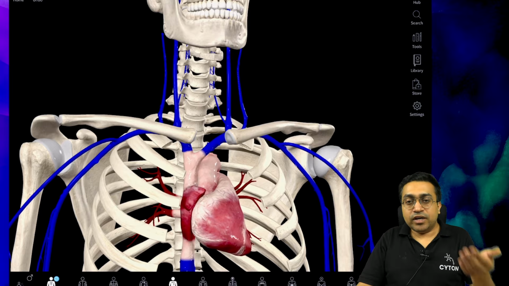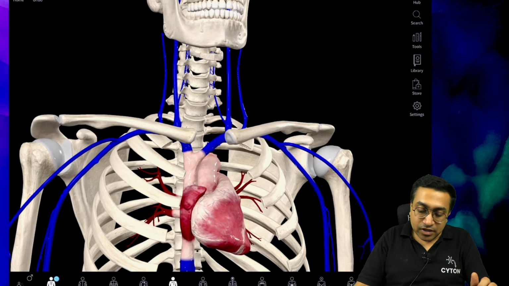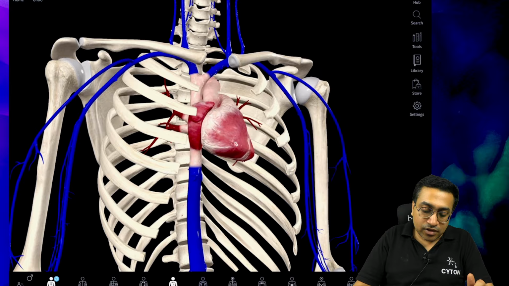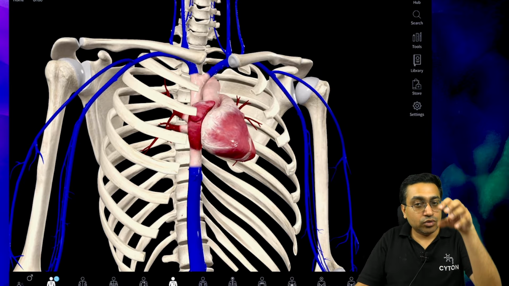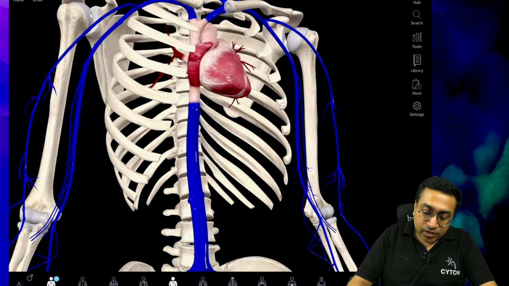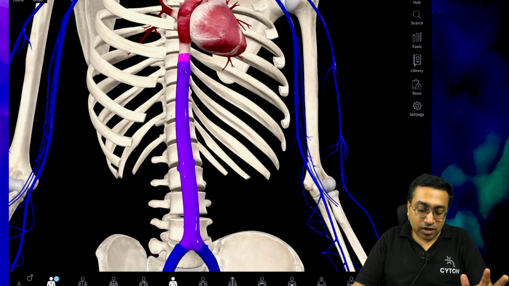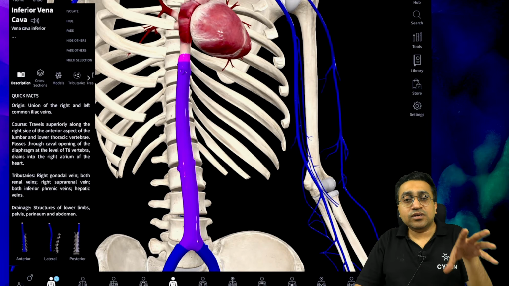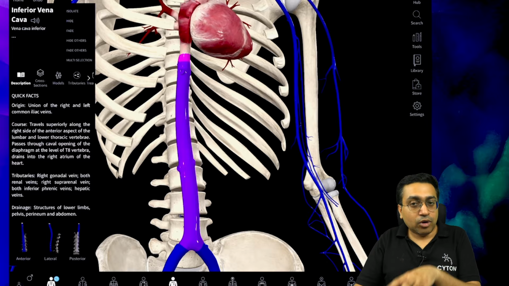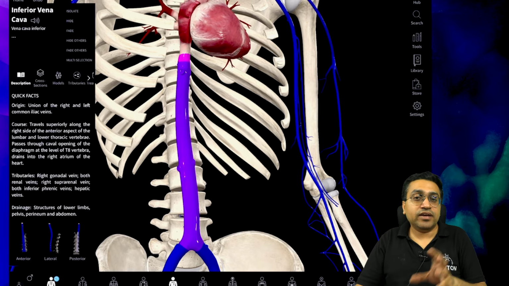Superior vena cava, inferior vena cava, we have discussed. Now you know all the veins in the thorax region will drain into the superior vena cava. Then you can see the inferior vena cava, which will take all the venous drainage from the abdomen, pelvis, as well as the lower limbs.